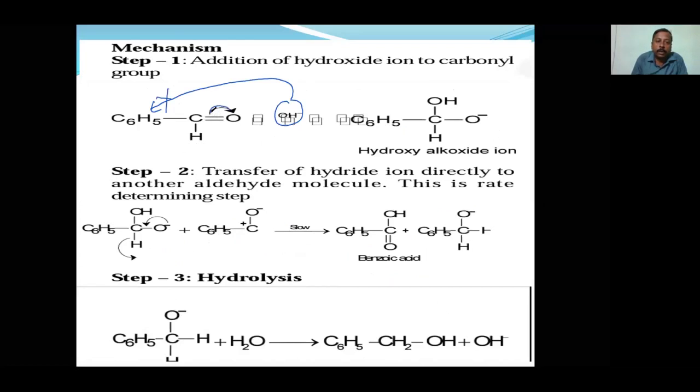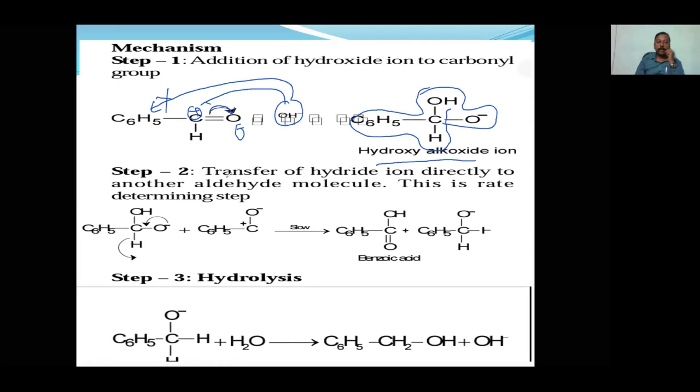So this will start reacting, O minus, and this will be C plus. So OH minus will attach here, and plus and minus will cancel, giving O minus. This is called a hydroxy alkoxide: hydroxy because of OH minus, alkoxide because of O minus.